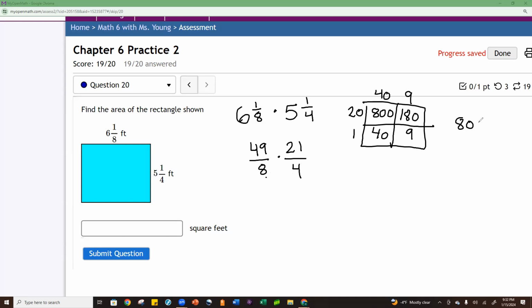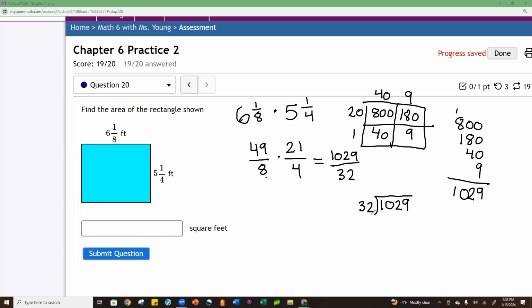I add all of these up. 1029 is my numerator, and my denominator is 32. Now, this is the last question, so I want it to be kind of tricky, but this is going to be a little frustrating to divide this. And for this one, I'll say you can check it with a calculator if you want.